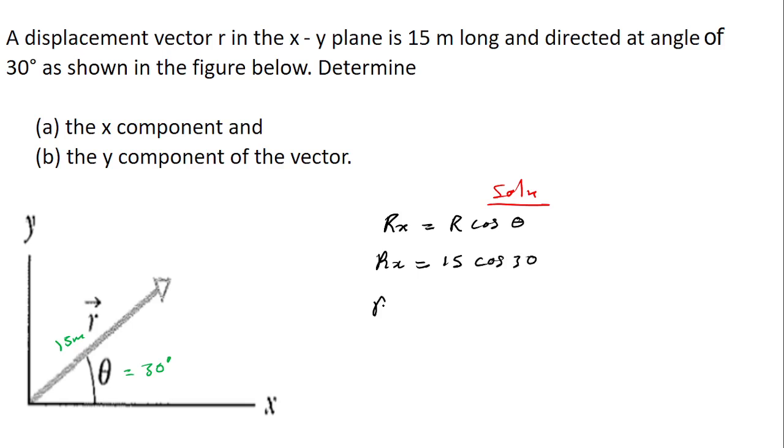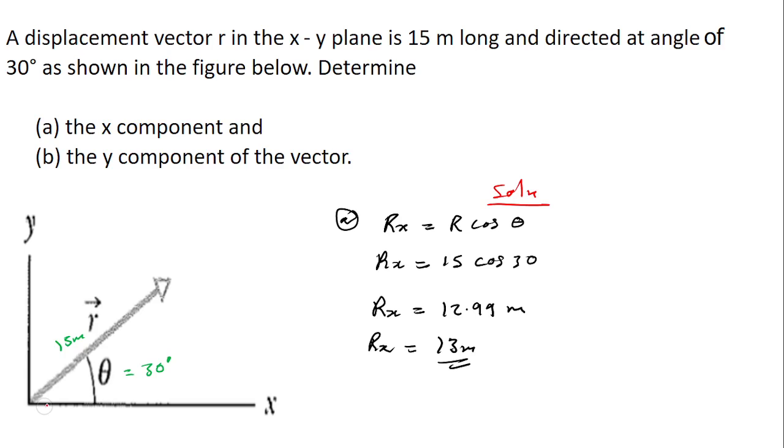What are you finding when you plug in 15 cos 30? 12.99. Okay, 12.99 meters, and when you round it off, it's just going to be 13 meters. So this is the x component of this particular vector.